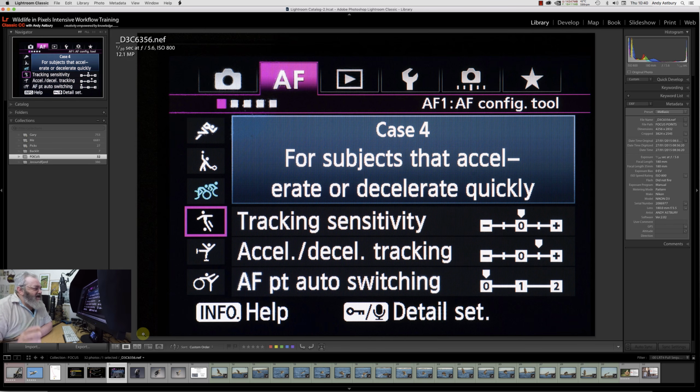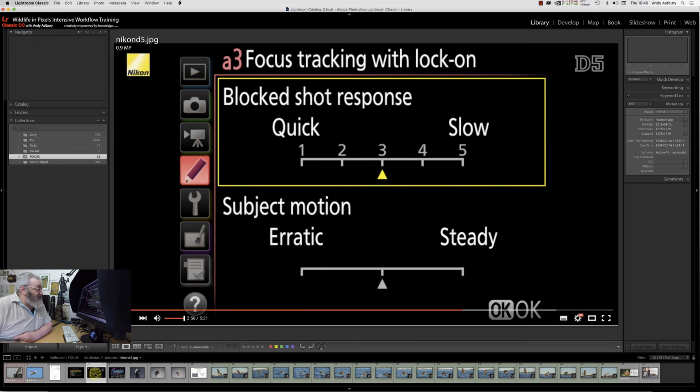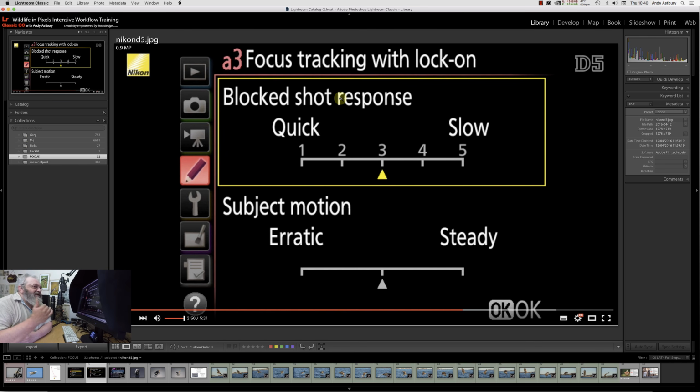But the Nikon system, if I switch over to the controls for, say, the D5, we have this thing called focus tracking with lock-on, which we've always had on Nikon cameras. And it's always been more of a block shot response. Now with the D5 and the Multicam 20K system that they've got on the D5, D500, etc., they've now tried to emulate the Canon system.